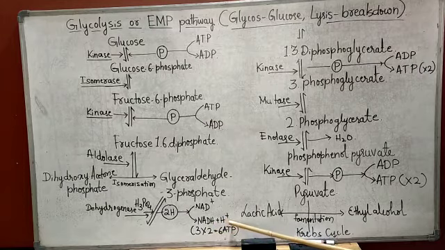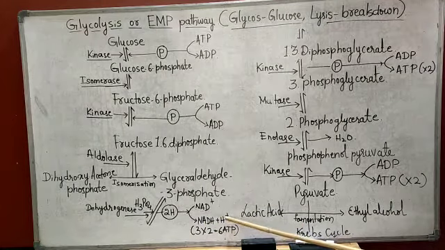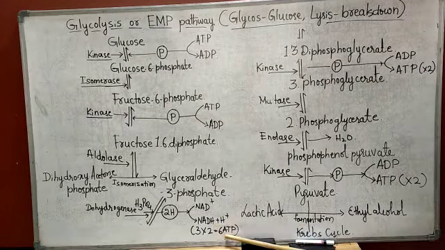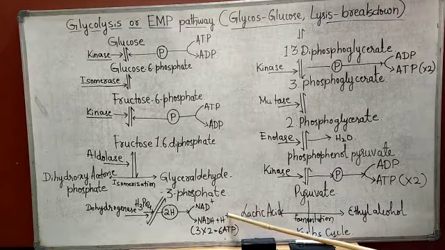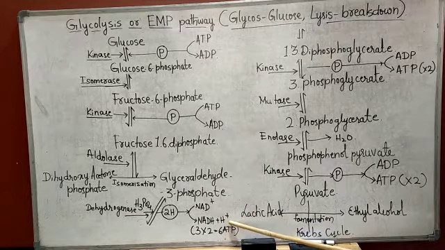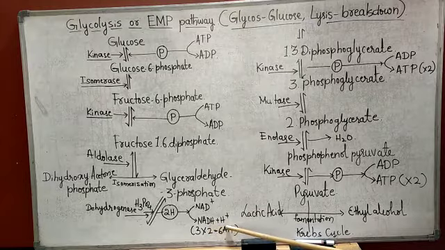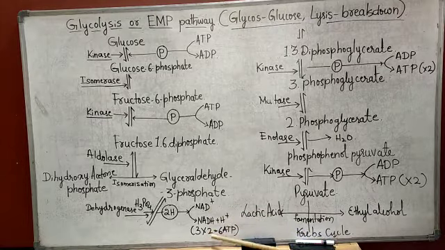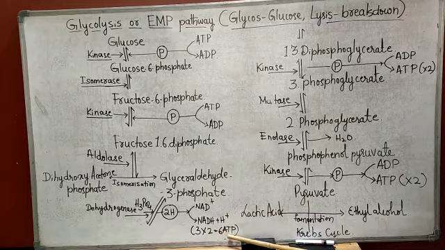Those pair of hydrogens released from NADH2 pass down to the electron transport system to form 3 ATP each, so 6 ATP from the 2 molecules.